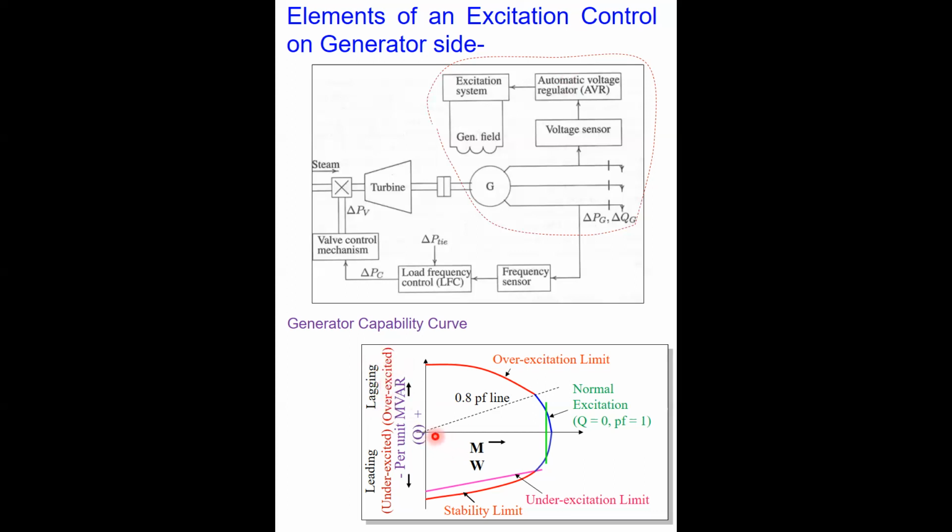So you can see that as you have the increase in the loading, that is the active power, the loading on the generator is limited by the maximum power rating of the turbine coupled to the generator.